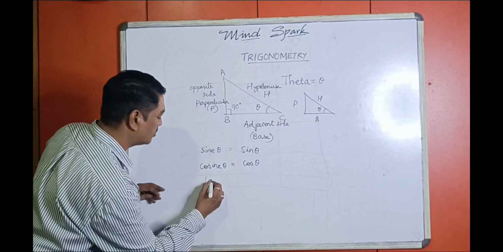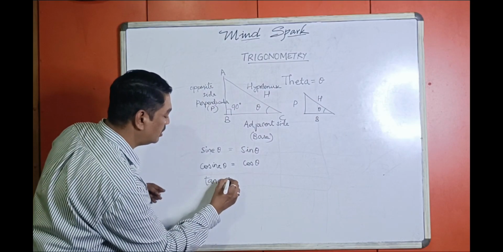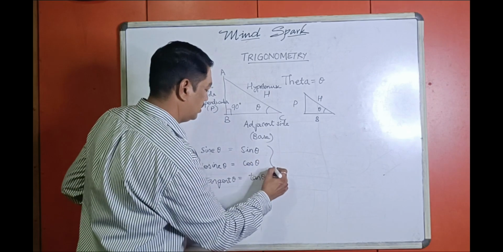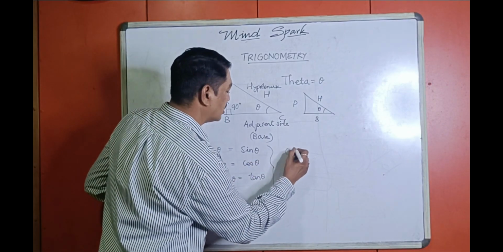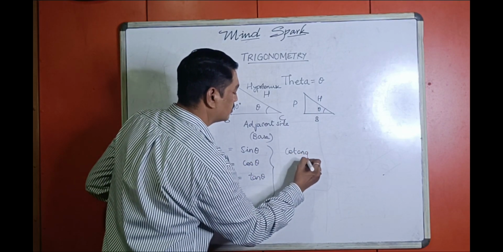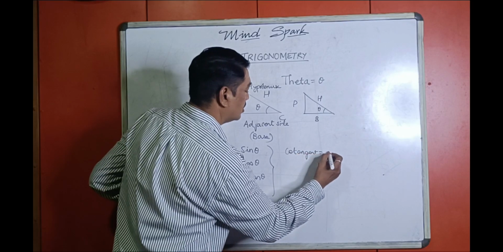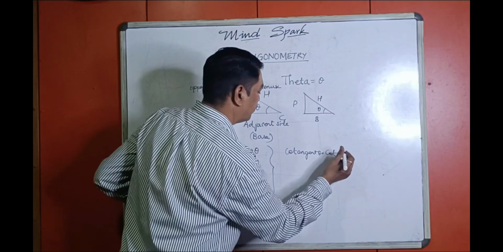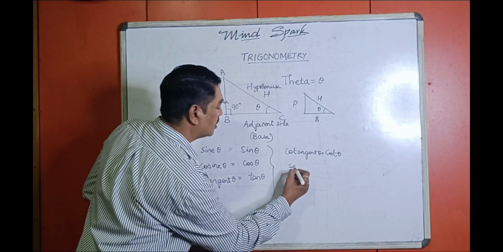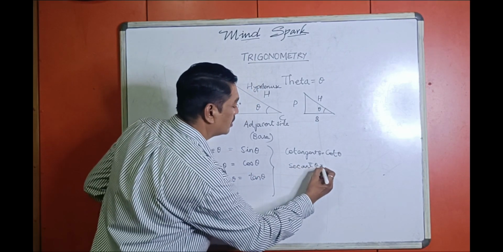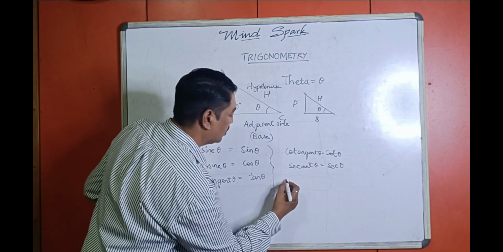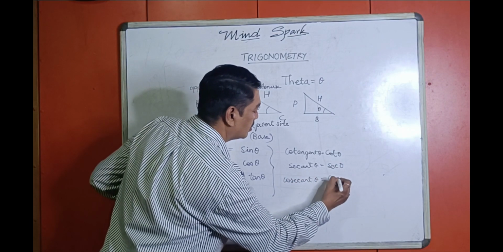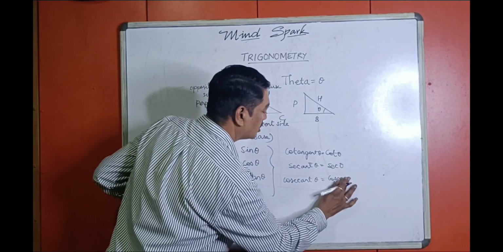Then tangent theta, that is tan theta. Cotangent theta, that is cot theta. Then you have secant theta, that is sec theta, and cosecant theta, that is cosec theta.